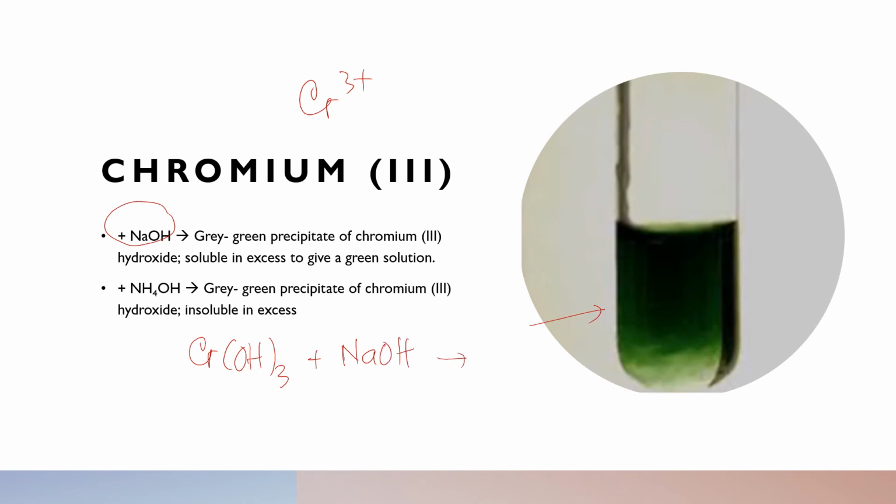That makes the PPT of Cr(OH)3 dissolve. But when we add ammonium hydroxide, the gray-green precipitate of chromium 3 hydroxide, Cr(OH)3 solid, will not dissolve in excess ammonium hydroxide, so it still remains as gray-green precipitate.